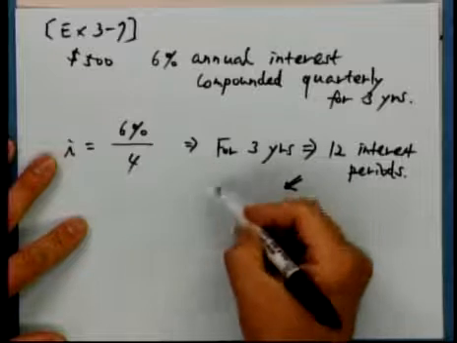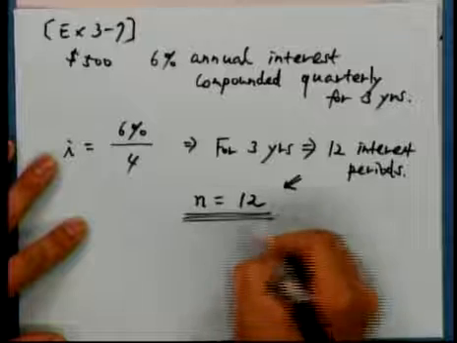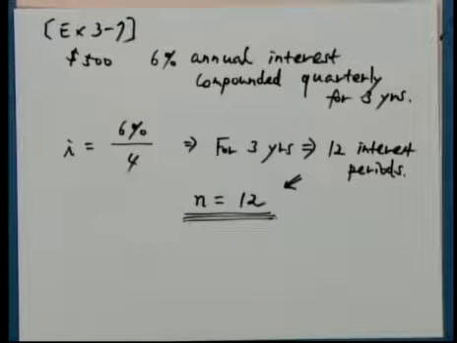So we are going to use n equals 12. Okay? So does that make sense?